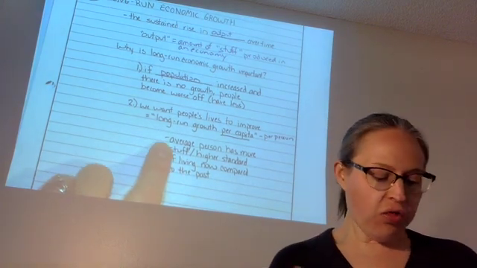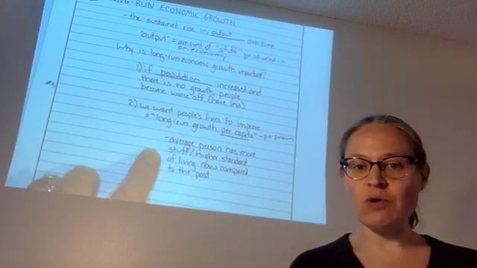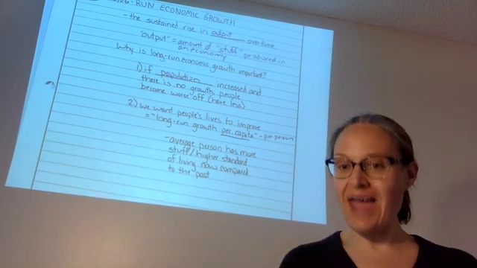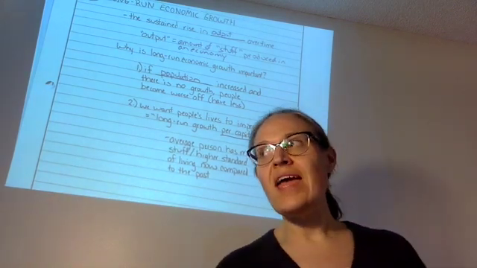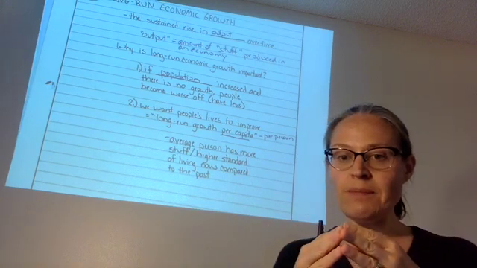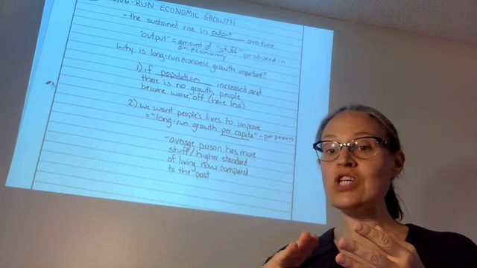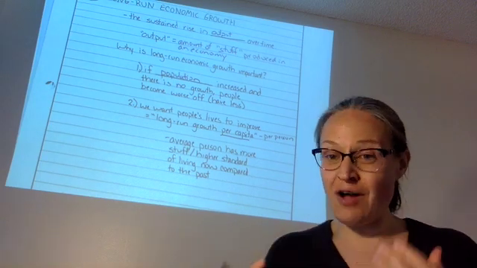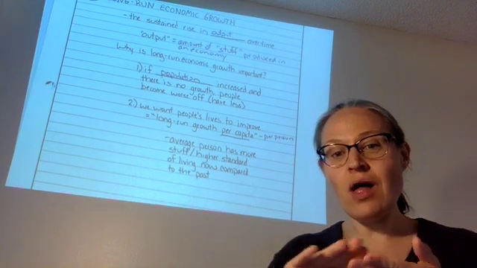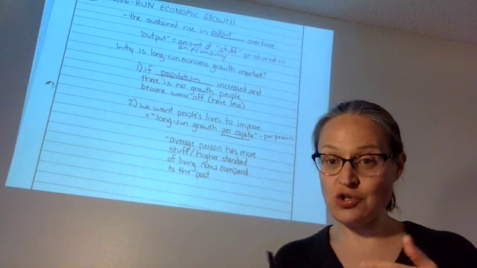So long-run growth per capita means that the average person has more stuff or a higher standard of living now compared to the past. If it's a very poor country and people generally don't have enough to be okay, the way to get them to be okay is to have long-run per capita growth in that country.